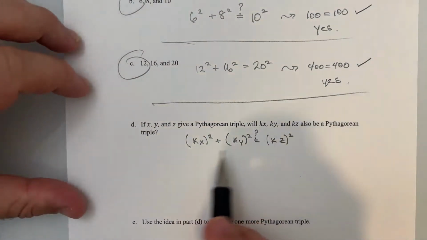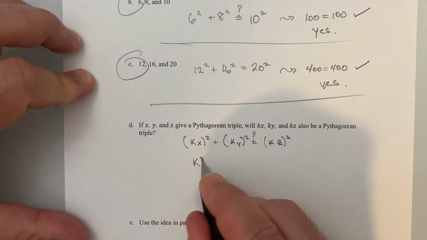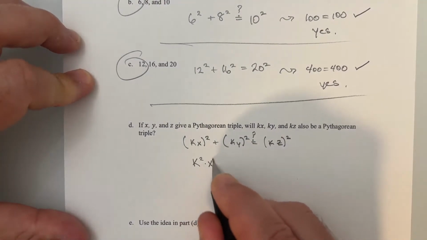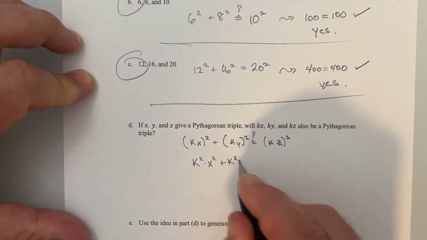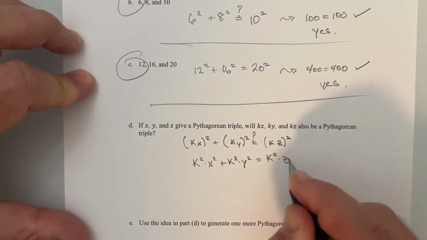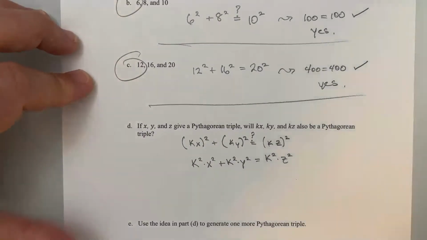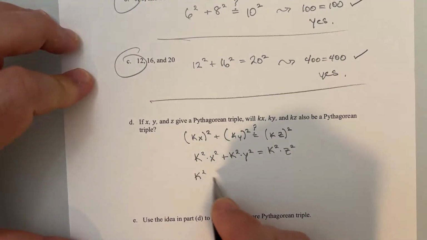So we square both items. So we have k squared times x squared plus k squared times y squared equals k squared times z squared. Right, we can essentially factor out a k squared.